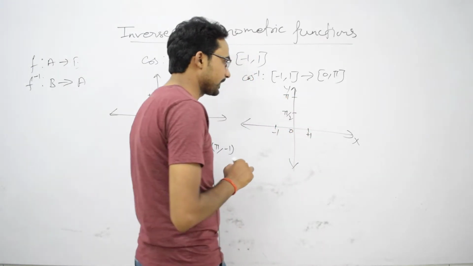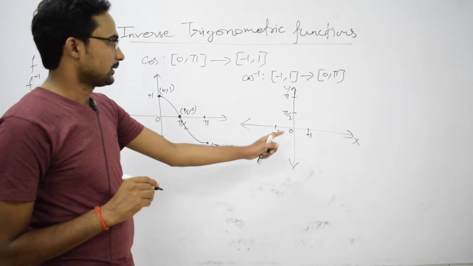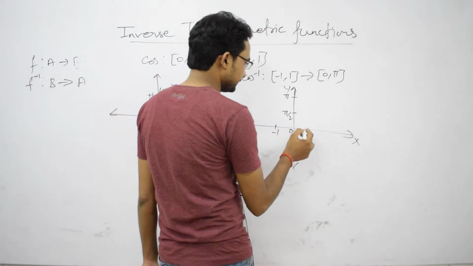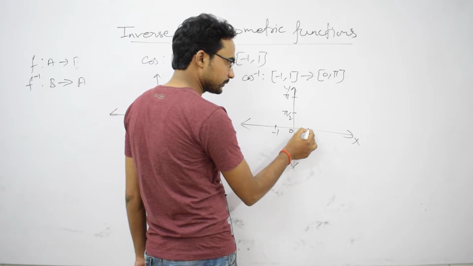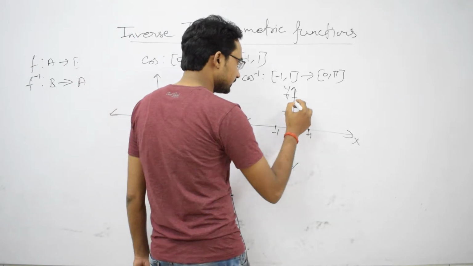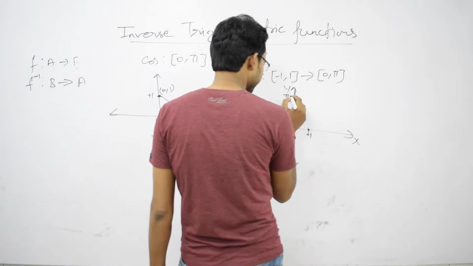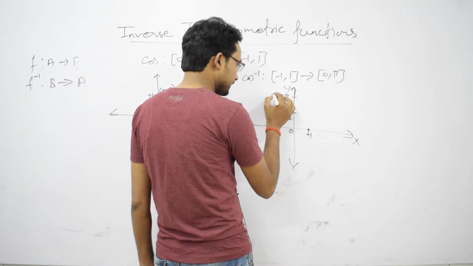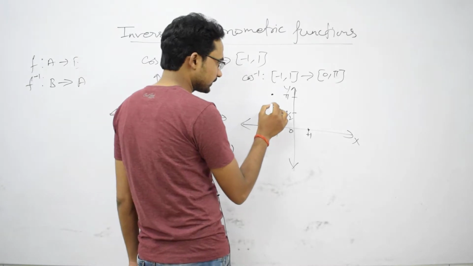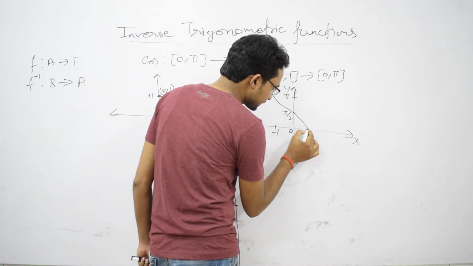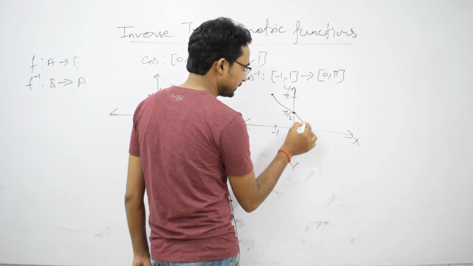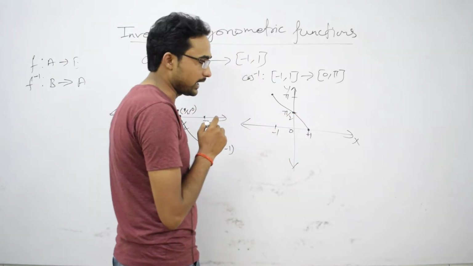Now, cos 0 is 1, so we have to start from the point plus 1 and this graph will go like that, and the minus 1 point is here. So, we have to represent this minus 1 point and it will move, crossing pi by 2 and ending at minus 1.